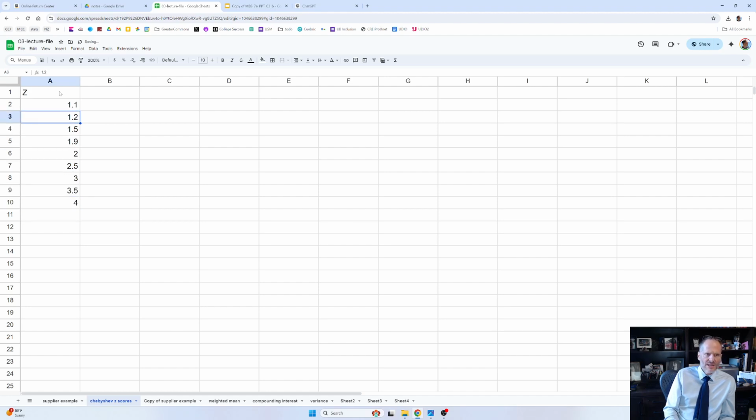Then Chebyshev's theorem tells us that we're going to have, equal to 1 minus 1 divided by that squared, where this number here is the z-score squared, so it'll be that times that.